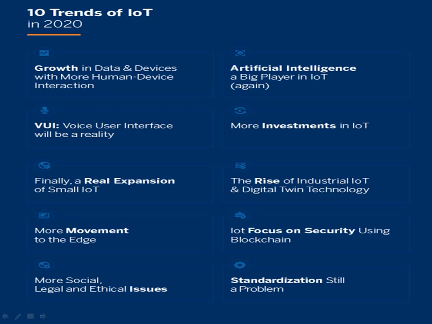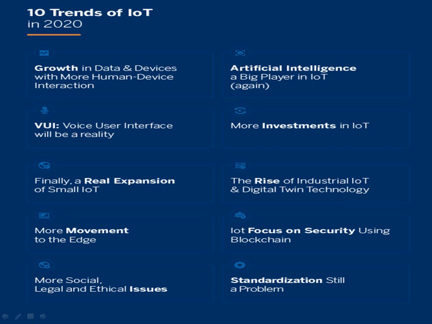Now in future we have to connect more Internet of Things. And then more social, legal, and ethical issues are also in the current trends of IoT. And the next important one, artificial intelligence, is a big player in IoT again. Without AI, in future there is no IoT. So this is also a 2020 trend, artificial intelligence.